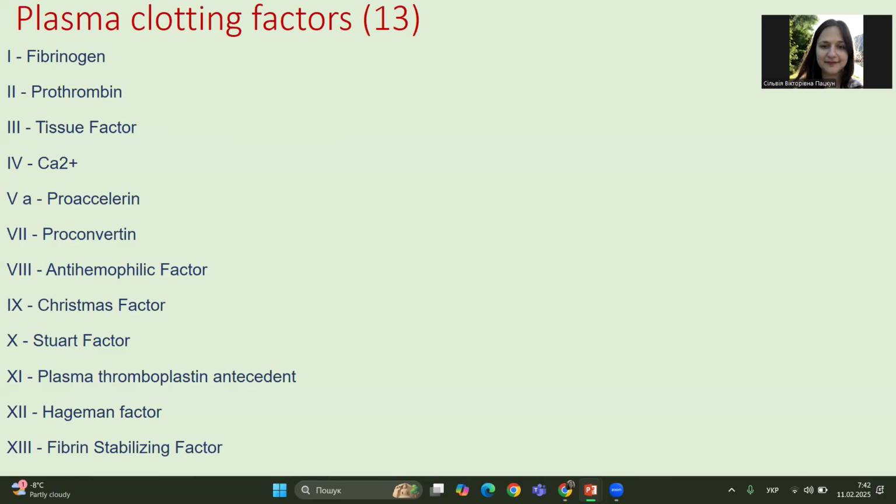So then seventh one proconvertin, eighth one antihemophilic factor, ninth one Christmas factor, 10th one Stewart factor, 11th one plasma thromboplastin antecedent, 12th one Hageman factor, and 13th one fibrin stabilizing factor.